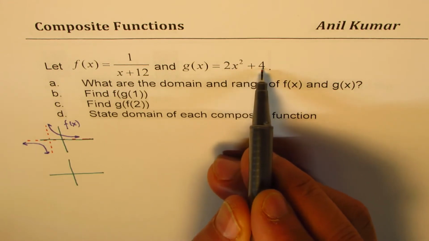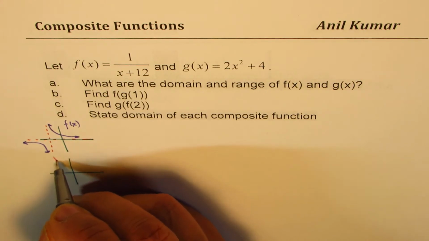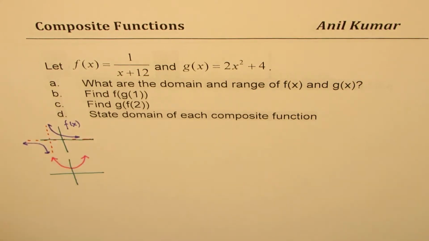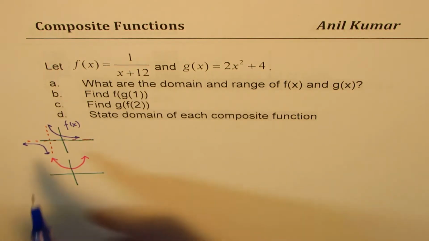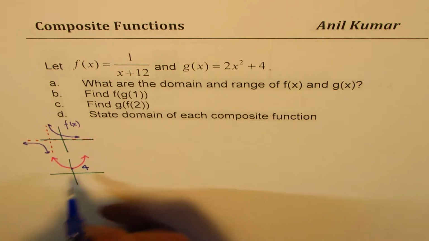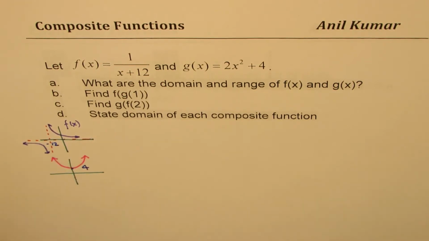If x is 0, it is 4, symmetric, even, right? So it's a function which is like this. And the points of interest could be this vertex, which is 4, and here we have this point as minus 12. Correct? Now that helps us to answer most of the questions very easily.